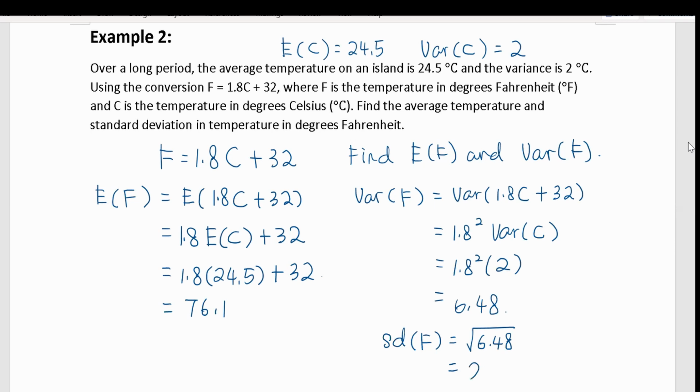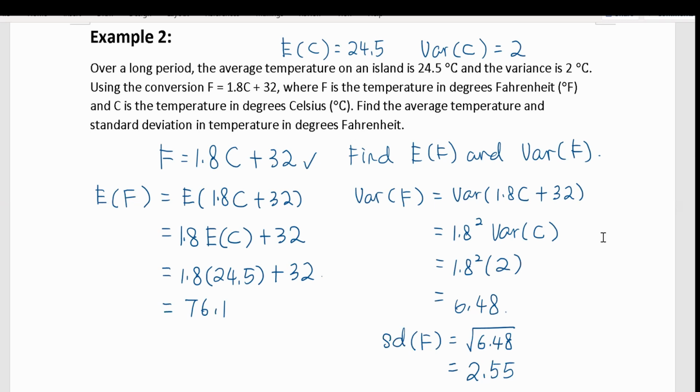If we keep to 3 significant figures, 2.55. All right. We found the average temperature in degrees Fahrenheit as well as the standard deviation, for this example, using the conversion formula given here.